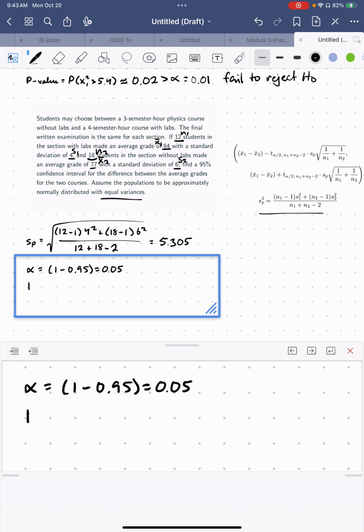And so now we can find our t with our significance level of 0.05 divided by 2, so that's 0.025. And our degrees of freedom is 12 plus 18 minus 2, and that should be 28.